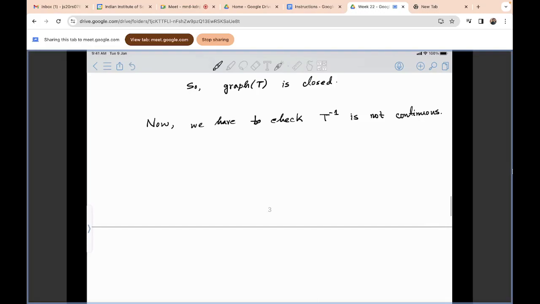Let us assume that T inverse is continuous. T inverse is a map from Y to X, and it is continuous.